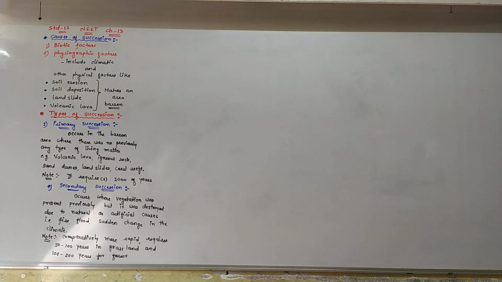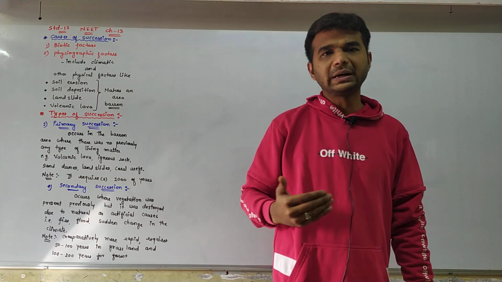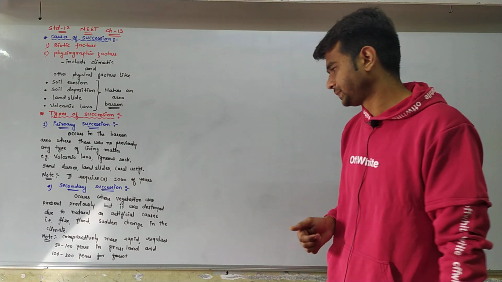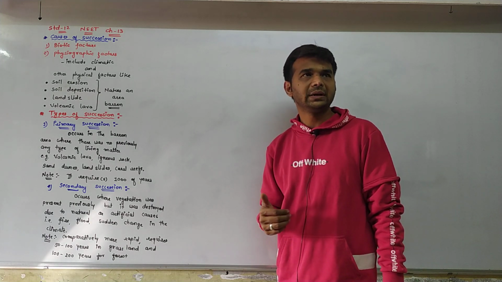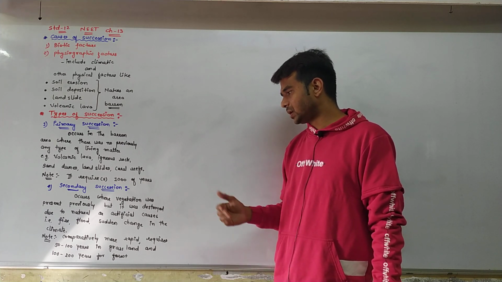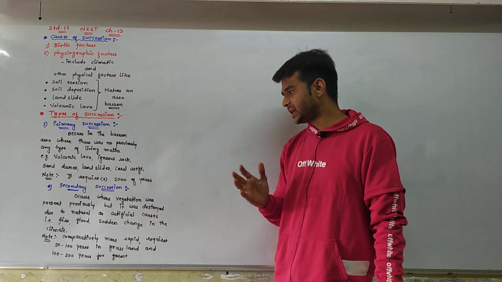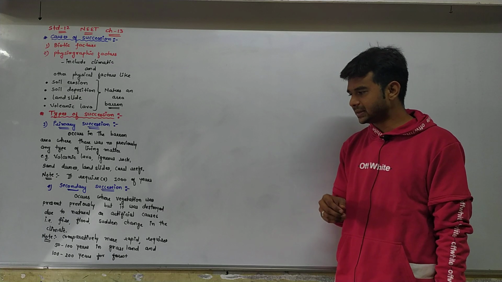Secondary succession occurs where vegetation was present previously. Yes, plants were there, but due to natural or artificial causes, for example fire or flood or sudden change in the climate, can cause secondary succession.